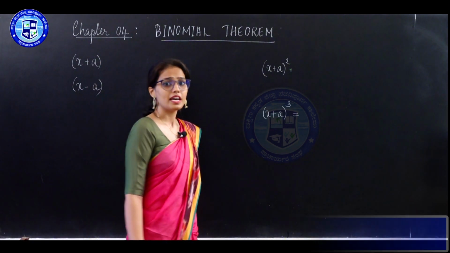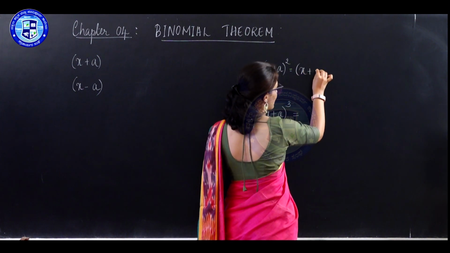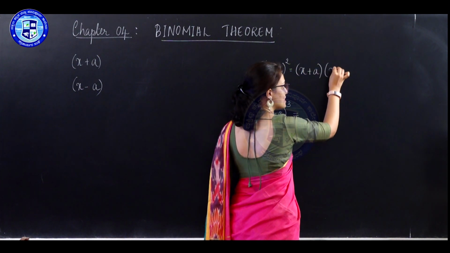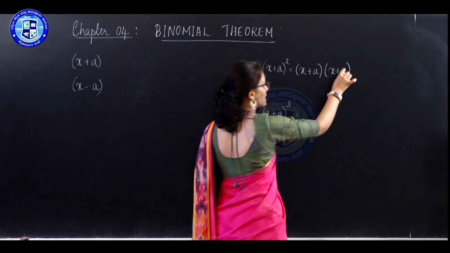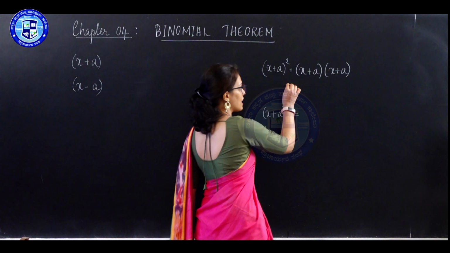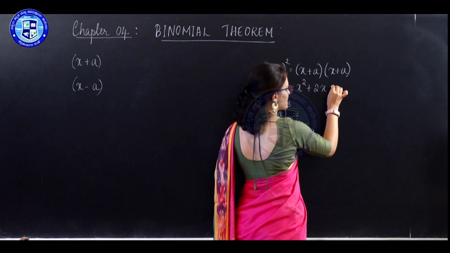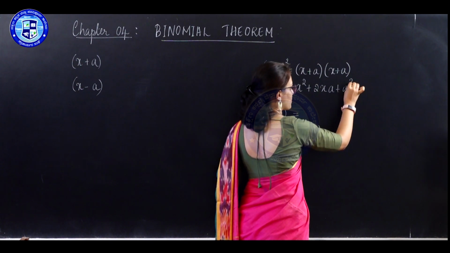For example, x plus a the whole square you would find out by multiplying x plus a with itself. So, x plus a into x plus a gave you x plus a the whole square, and this was equal to x square plus 2 into x into a plus a square.